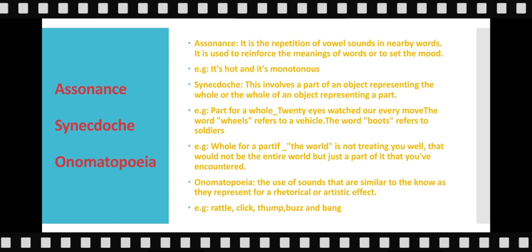One person has two eyes, so twenty eyes means ten persons are over there to watch us. So here in synecdoche, there is eyes. Eyes is a part of a body, but here it means people. It means a person. So here eyes is a part, but it signifies the whole person.